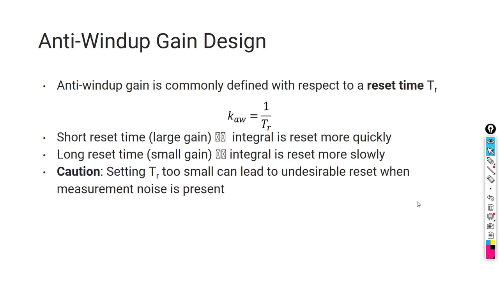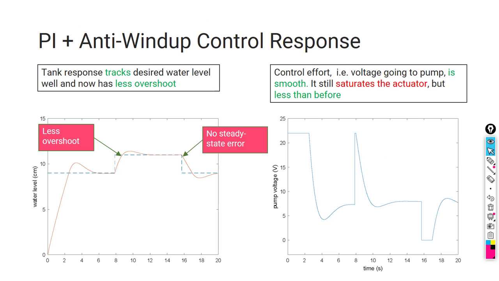So you see, when you implement the anti-windup on my water level tank, I'm overshooting less. Still saturating, but the saturation effect is less.